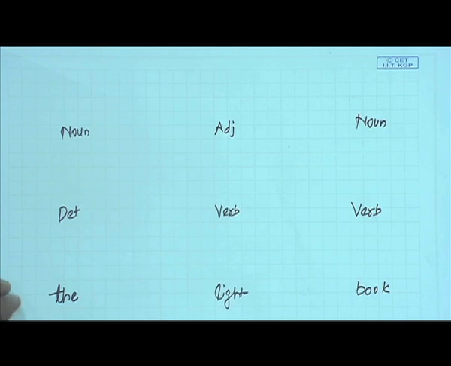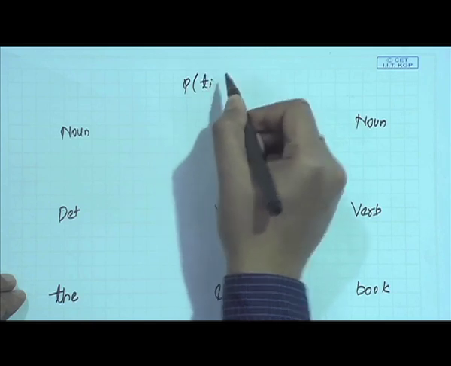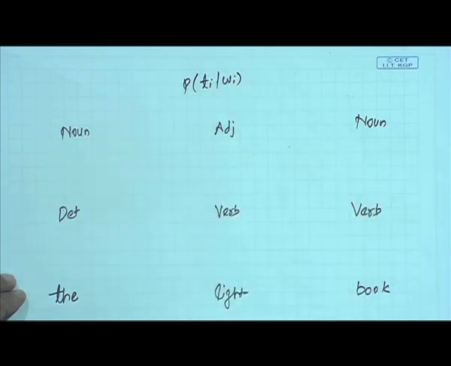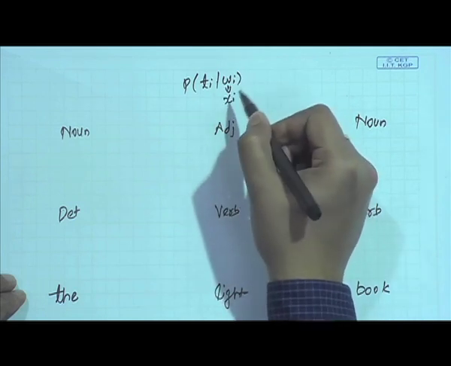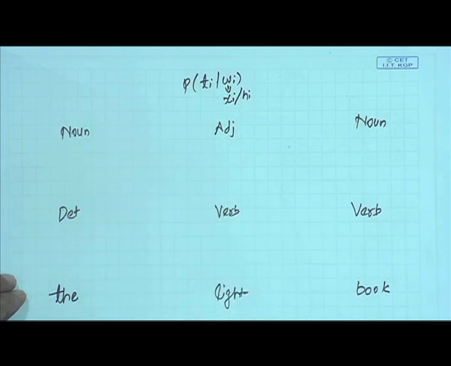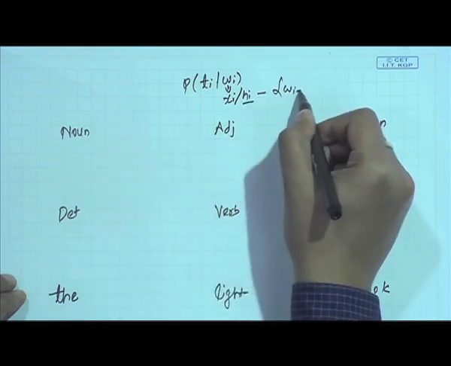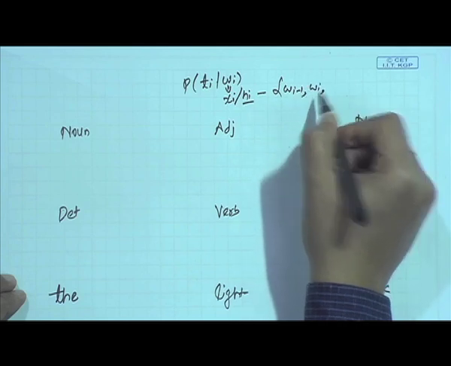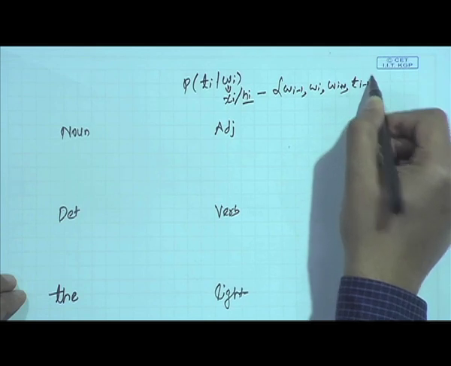We have to find the probability of tag ti given wi, or instead of wi let me write the context xi or hi. There are different notations for that. Here the context is wi minus 1, wi plus 1 and the previous tag.